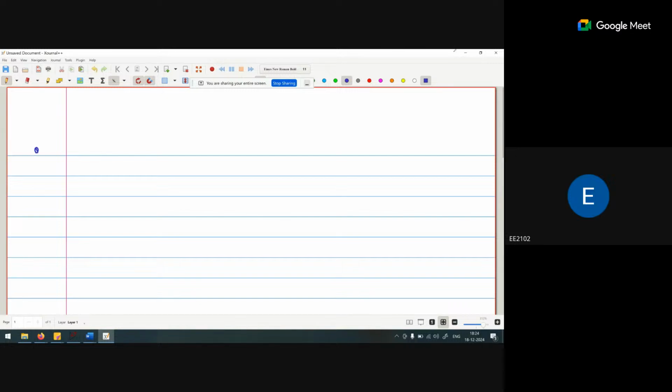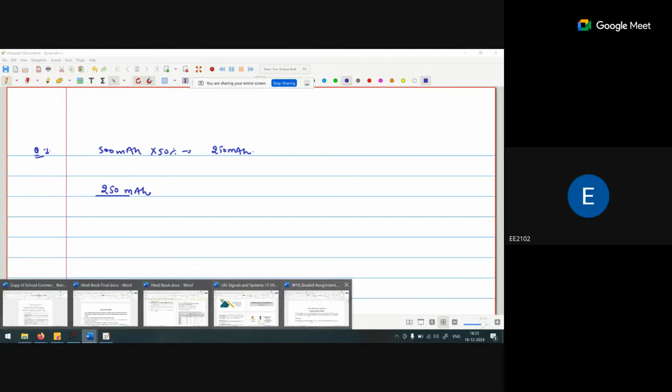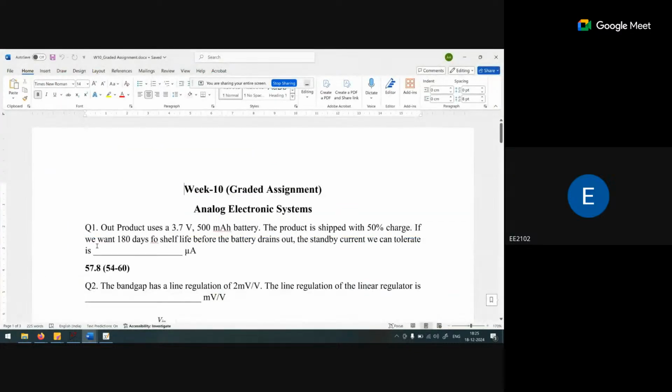Question 1: the battery is 500 mAh, charged to 50%. That means the total capacity is 250 mAh. We have to survive with this battery for 180 days.